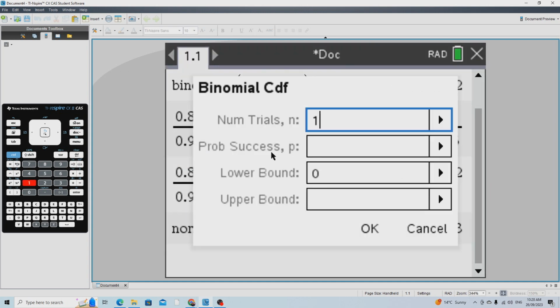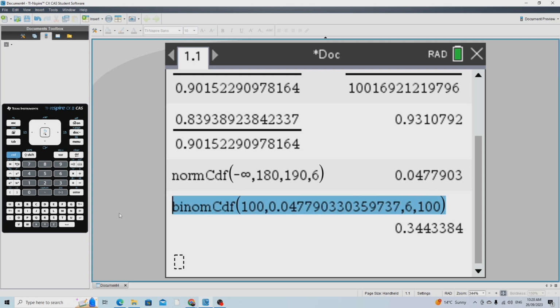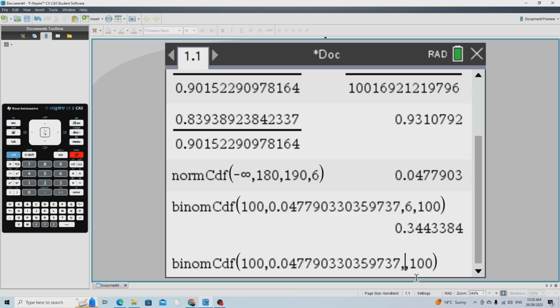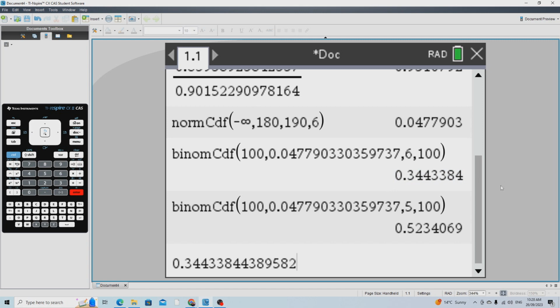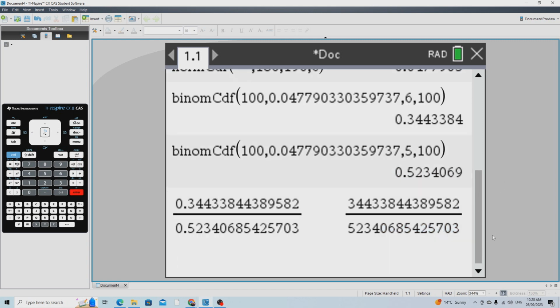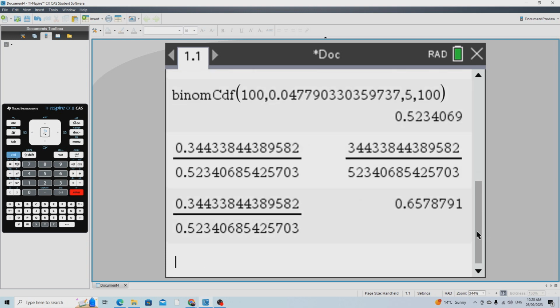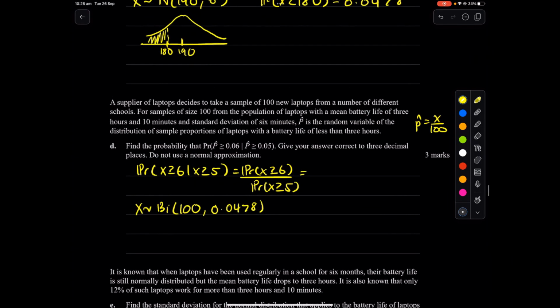The number of trials is 100, the probability of success is this, the lower bound is 6, and the upper bound is 100. The next one is the same, but the lower bound is 5 to 100. It's this divided by this, and that gives us this. To 3 decimal places, that's 0.658. Done.